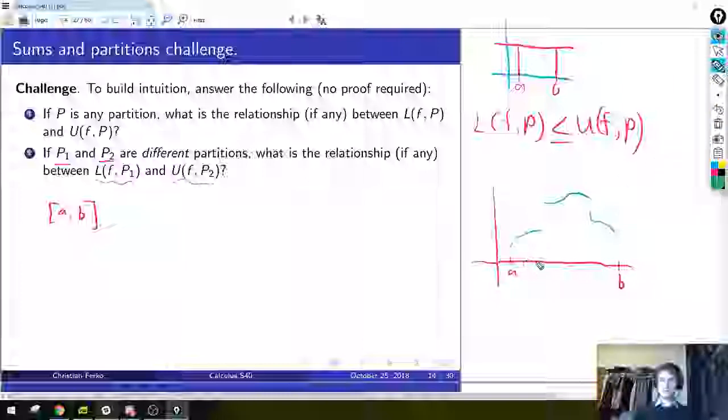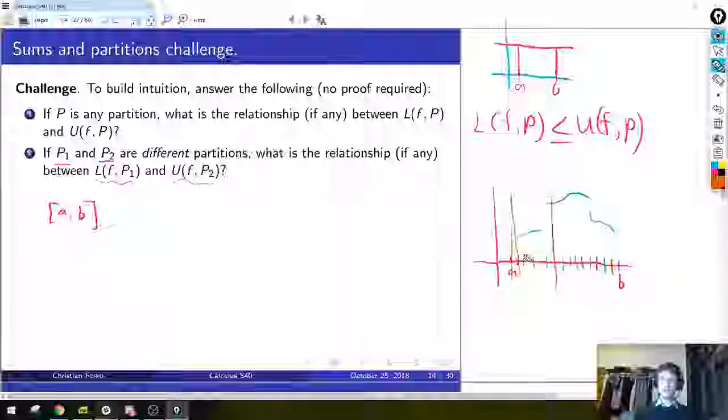Maybe they just chop it up differently. So I'll do one green partition, which looks like this, and then a separate orange partition, which is different like this. I chop it up in a very different way. So maybe this guy has a huge area here.